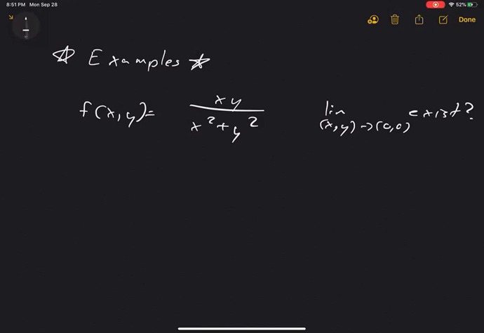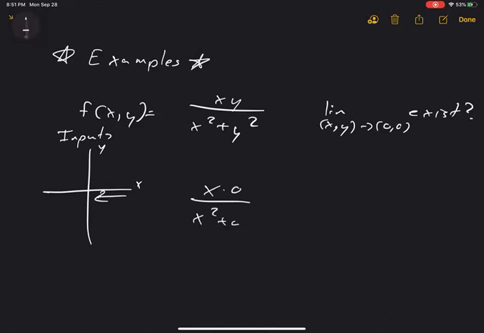An easy one is one of those paths. Let's again consider just the inputs, our x and y plane. Along either of these axes, the limit is going to be 0, right? If I'm approaching along the x-axis, my y-coordinate is 0, and I'm going to have x times 0 over x squared plus y squared.